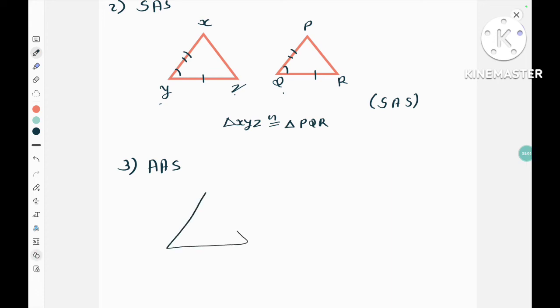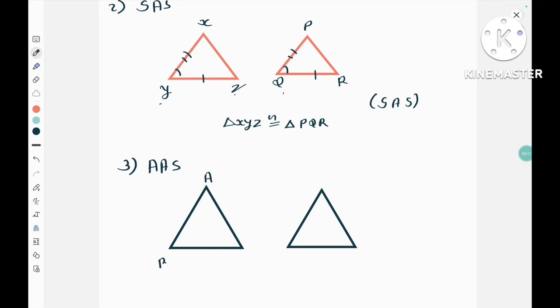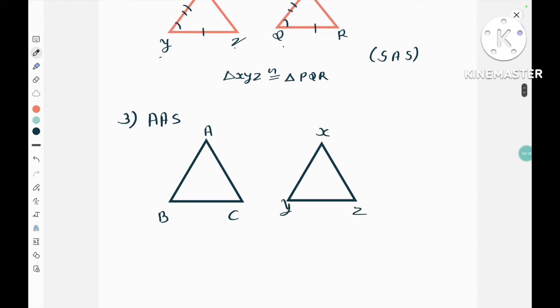First let's draw the triangle, and let's give the names A, B, C, X, Y, Z. Now here, if I say AA, it is not necessary that B and Y are congruent, C and Z congruent, and this side must be congruent.